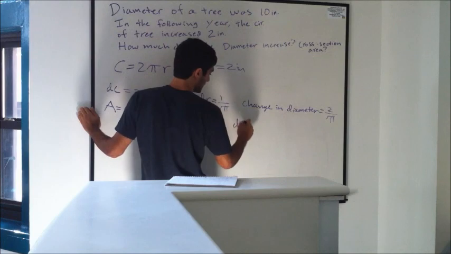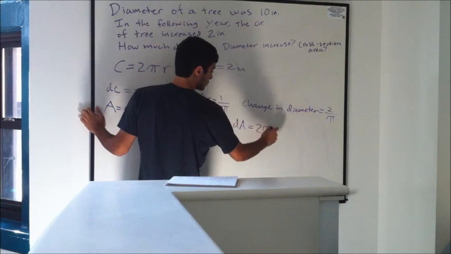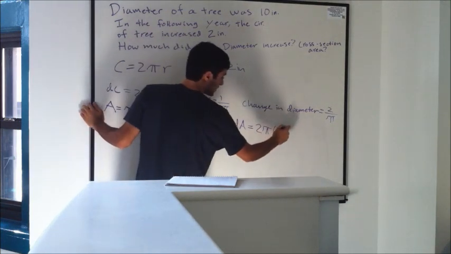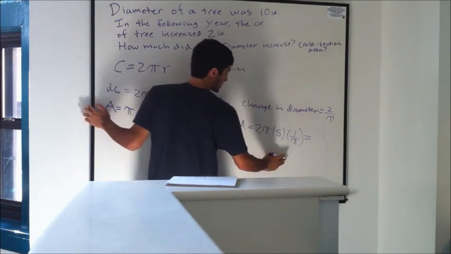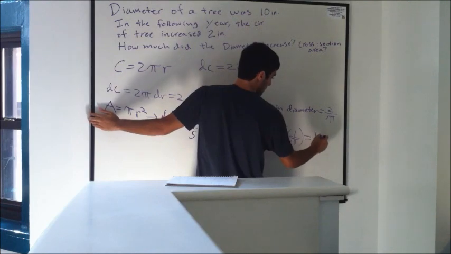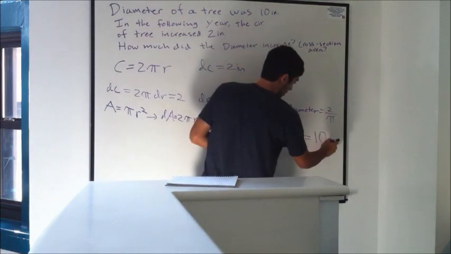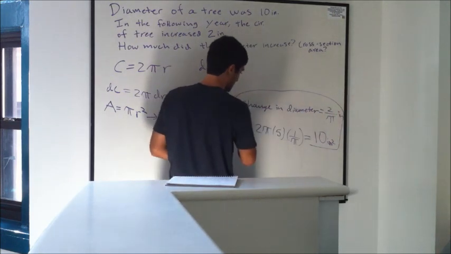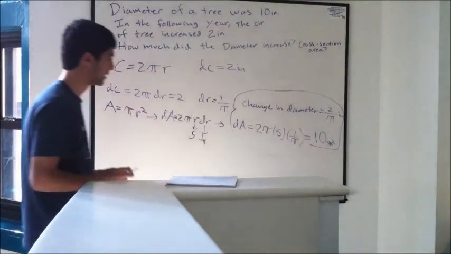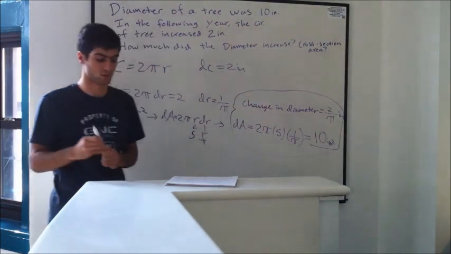So we can say that the change in the area is equal to 2 pi times 5 times 1 over pi, which equals 10 inches squared. Don't forget your units. And the diameter change is in inches. So that's how much the area changed, and that's how much the diameter changed.